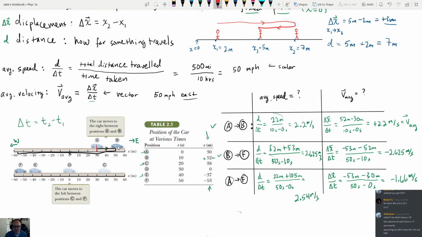So how far does it go from here to here? That would be one distance. Maybe you call it D1 or something like that. And then you have to calculate how far does it go backwards, which would be from here back to here. You'd call that one maybe D2. And then you just add them together. Yeah, it's going forwards and backwards, exactly.